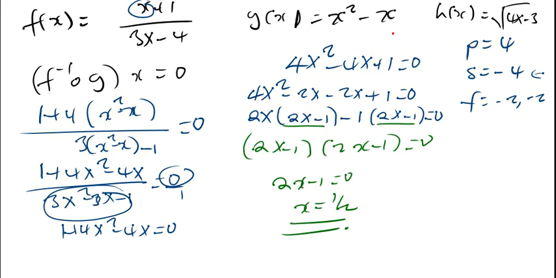Yes. This is the first question: f of x equals x plus 1 over 3x minus 4, g of x is equal to x squared minus x, and h of x is equal to the square root of 4x minus 3. Solve the equation of this.